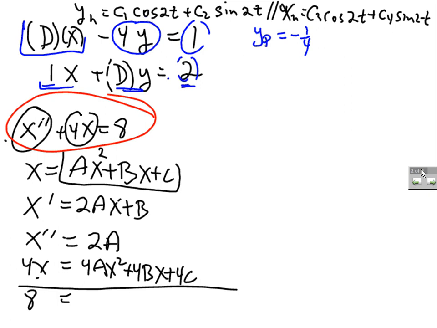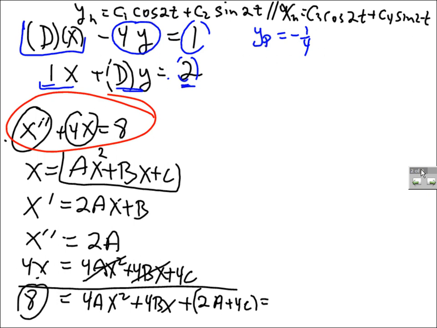When I add the right side, I'll add the x squared first, and there's only one term of them. I'll add the x's next, and then I'll add the constants. It's 2a plus 4c, and it equals 8. That is, it's 0x squared, so 0x plus 8. So this must be 0, this must be 0, and this must be 8.